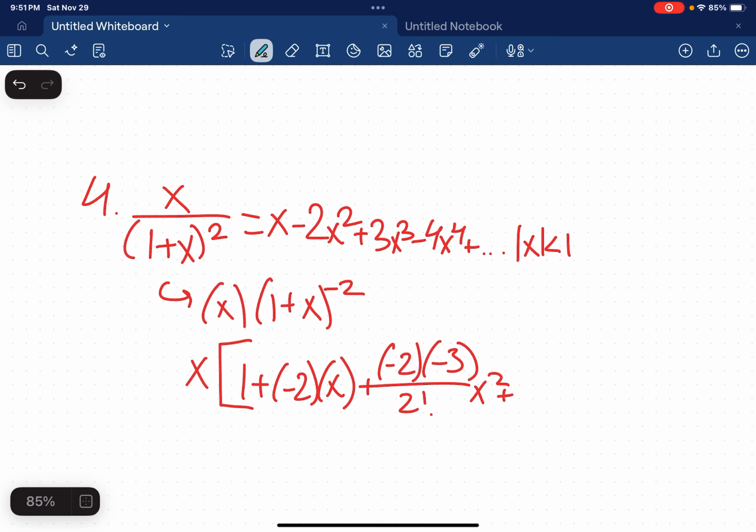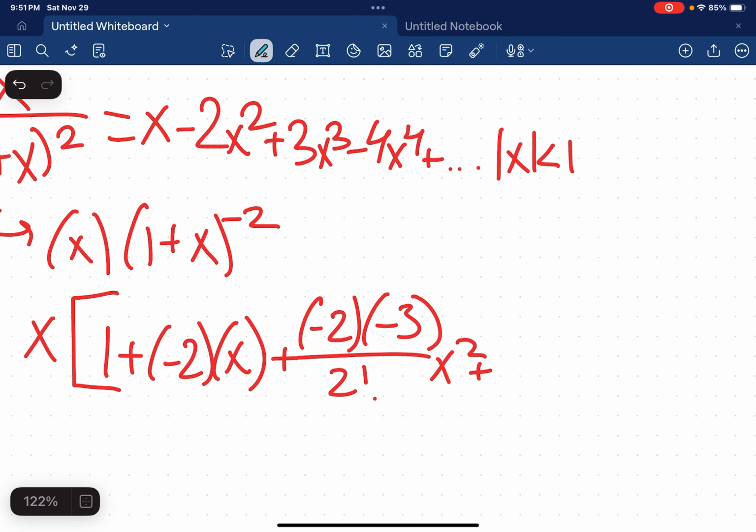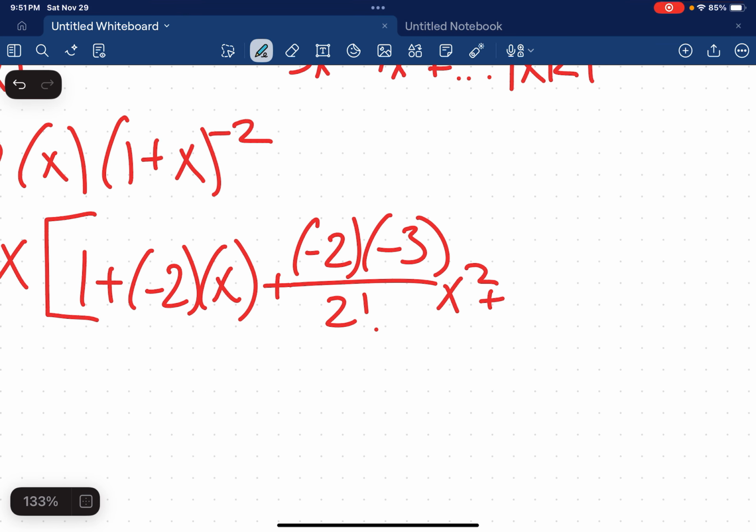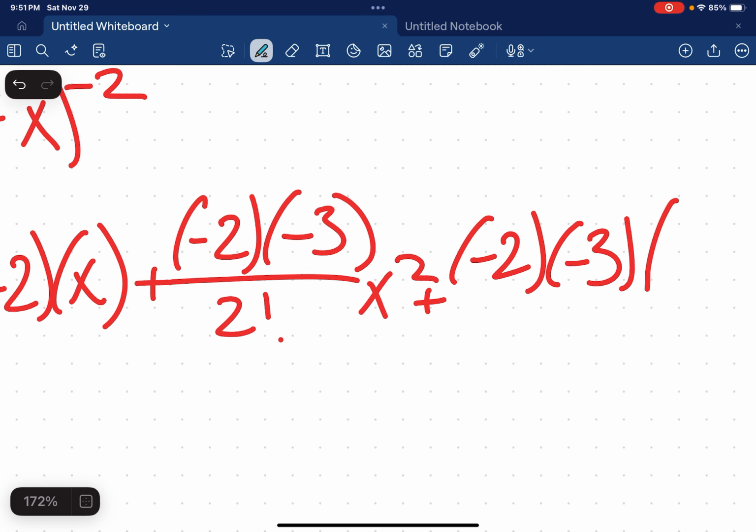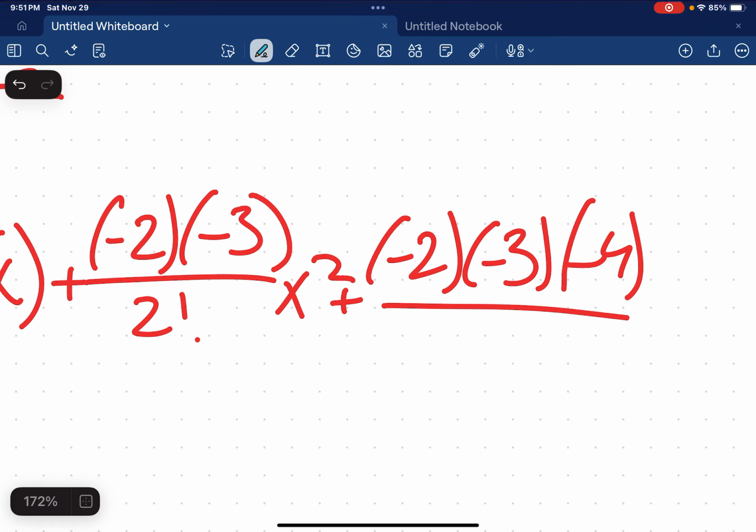But the thing is, we don't really need to, oh, wait. Okay, it gave us up to x to the fourth there, and there's an x getting multiplied, so we only need to go up to x cubed on the right-hand side. Okay, that's good for us then. Okay, that's a 3.